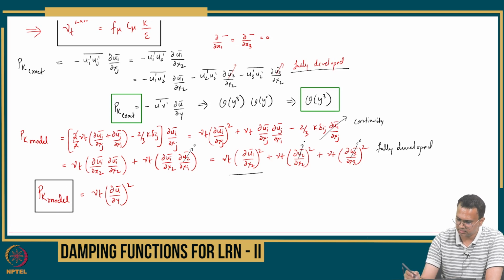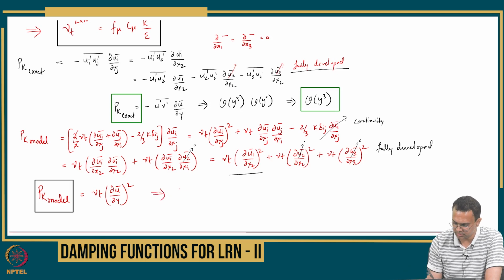So what is the dependency here? If I look at this, nu t is c mu k square by epsilon, times dou u bar by dou y squared. So k square gives me y raised to 4 behavior.